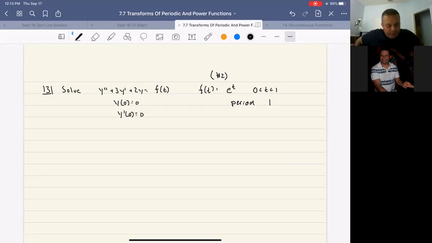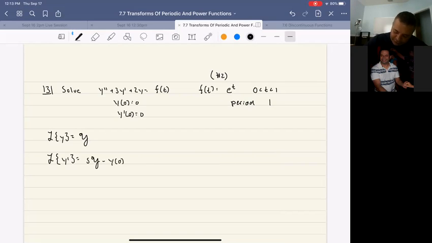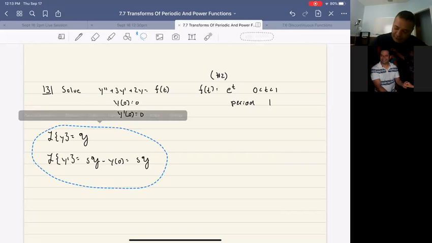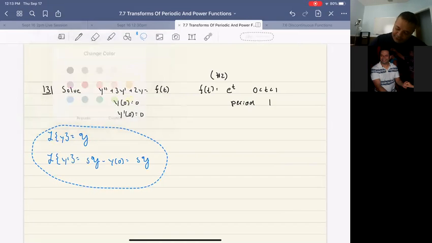Okay, so let's start by taking Laplace transforms of stuff. So Laplace transform of y, script y we'll call it. Laplace transform of y prime, remember, is sy minus y of 0, which in this case is just sy, because y of 0 is 0.